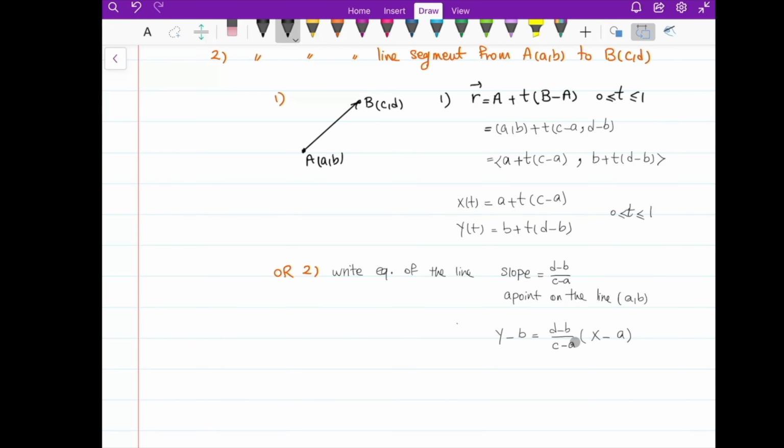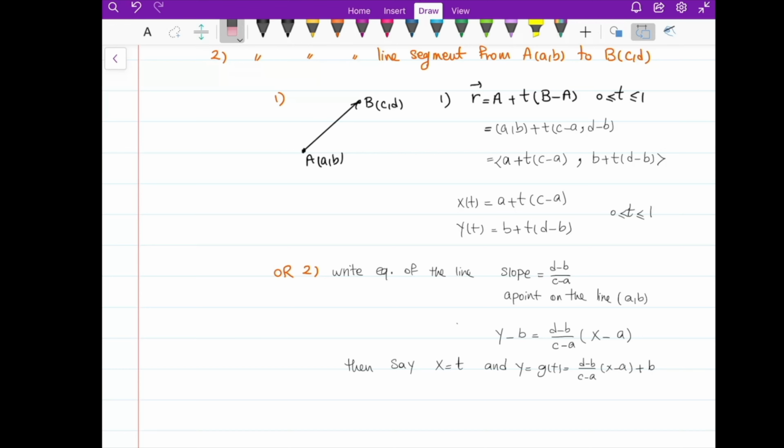Okay, so now this is still not parameterized. To parameterize that, let's take x to be my t and y to be g of t. What is g of t? Bring negative b to the other side, and then it would be the slope (d minus b over c minus a) times (x minus a), plus b.